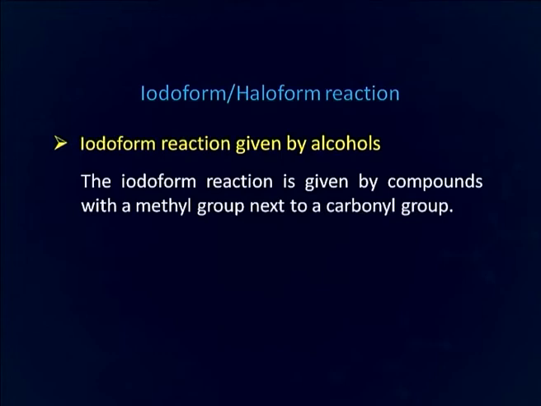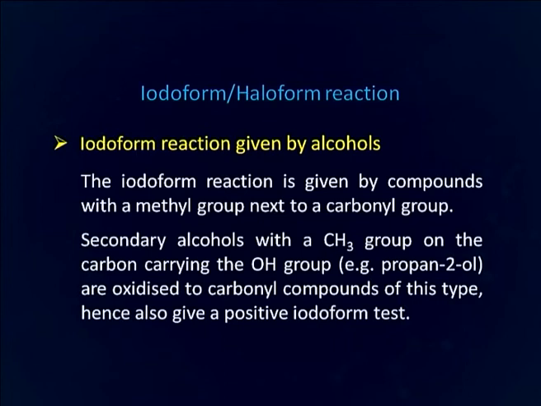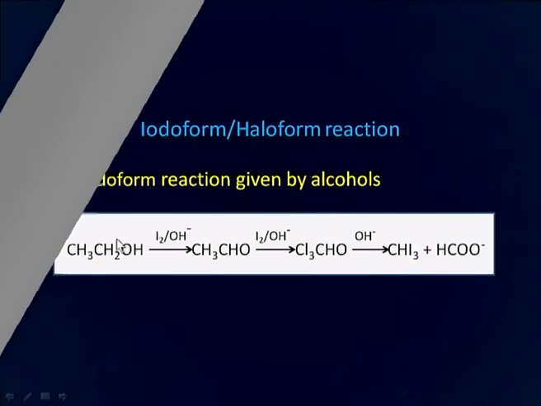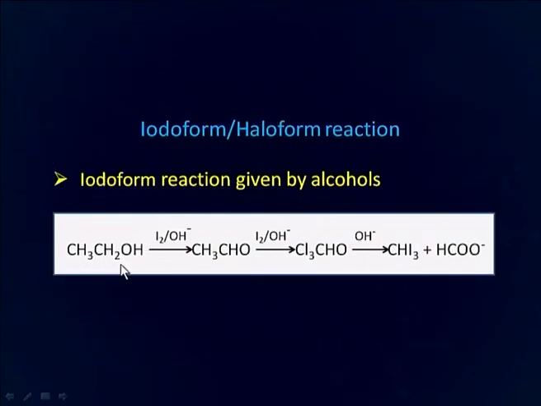The iodoform reaction is given by compounds with a methyl group next to the carbonyl group. Secondary alcohols with a methyl group on the carbon carrying the hydroxyl or OH group, for example 2-propanol, are oxidized to carbonyl compounds of this type. Hence, they give a positive iodoform test. You can see here this is ethanol.